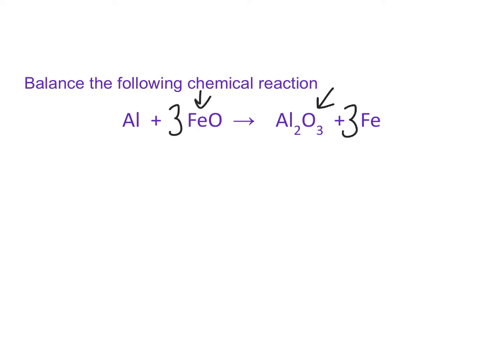So I have to add a 3 over here. So I have 3 irons on this side. Now, looking at my aluminums, I have 2 over here and I only have 1 over here. So I'm going to have to add a 2 to balance this out. Again, we're remembering that invisible coefficient of 1 in front of everything else. And this equation is fully balanced.